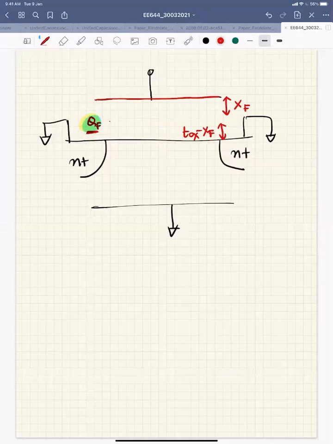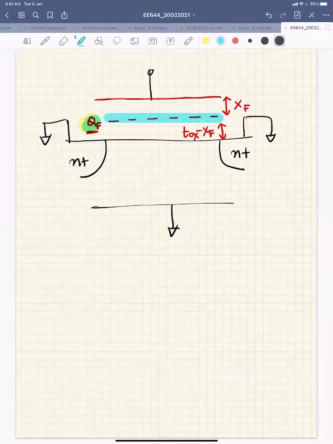Let's say I have negative charges located somewhere in the oxide. What will happen if I have some negative charge located at a position xf below the metal? How will the threshold voltage change?